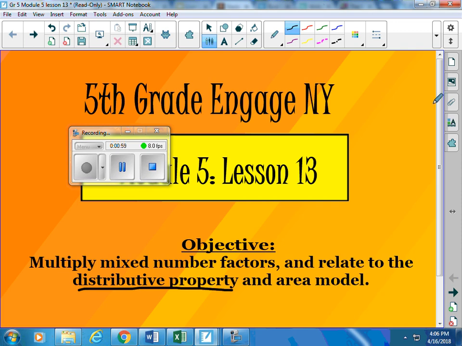The numbers are going to get bigger, so it's going to be a great opportunity for you to practice these skills that we've been learning. But the distributive property, I'll do one problem to kind of show you what it is that we're talking about. But I want you just to continue working on multiplying the length times the width to find the area in a model. So let's go ahead and get started.